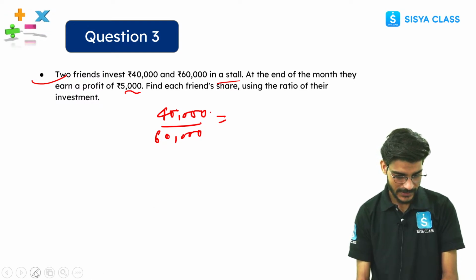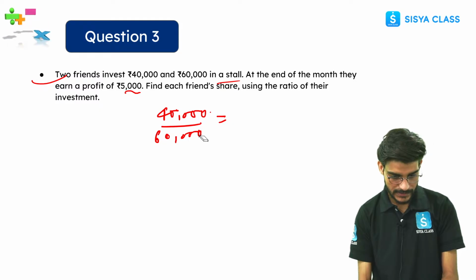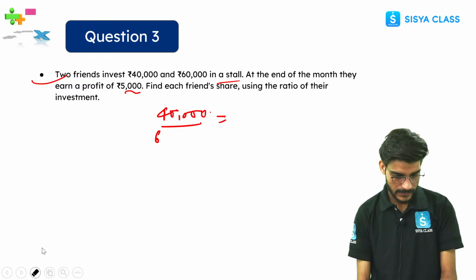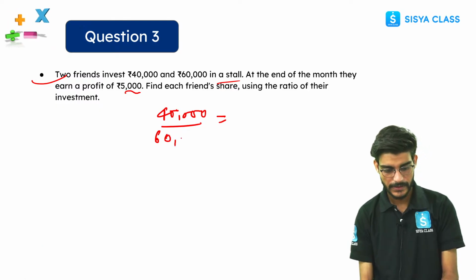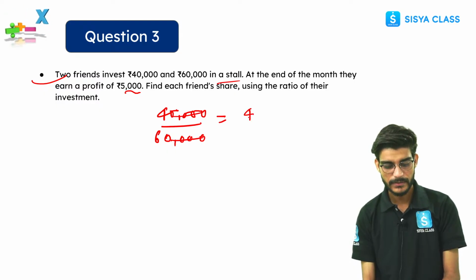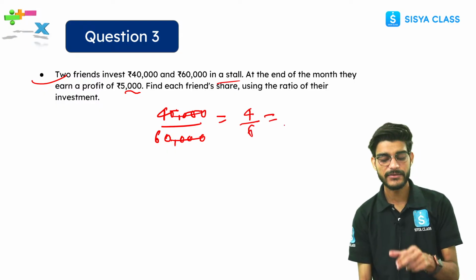Not 60,000, sir, it is 6 lakh. Yes, 60,000, right? So this is 4:6. In simplest form, it is 2:3.